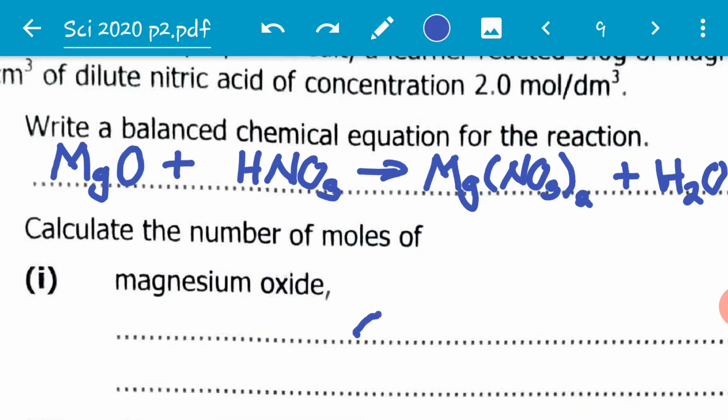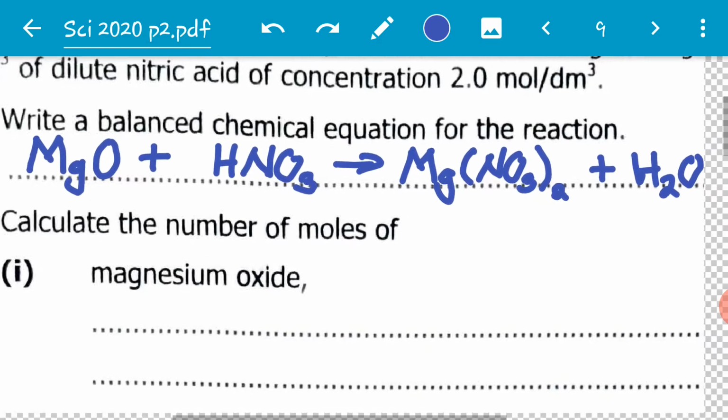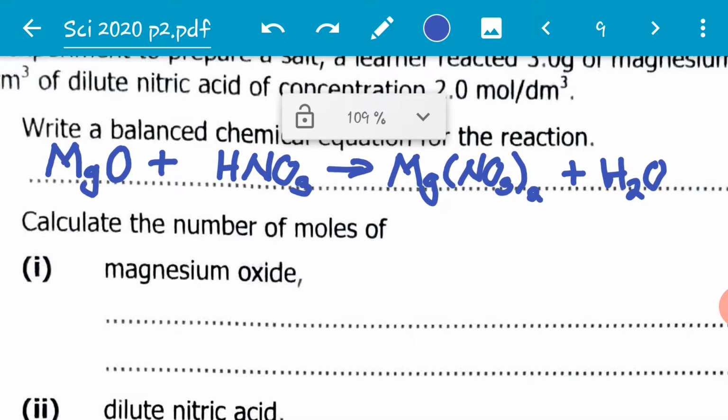Now we need to balance this equation. We are going to balance it by inspection. So we will be looking at the number of atoms of each element on the product side and also on the reactant side. They should be equal.